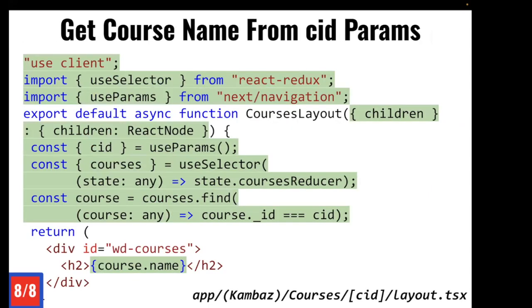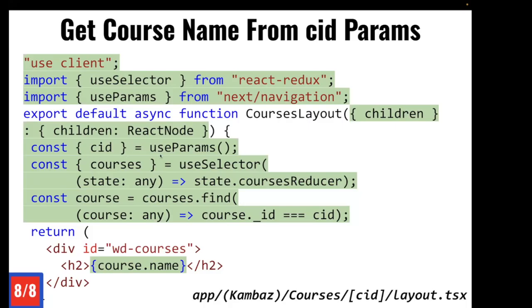So now that the courses are available in a single place, the reducer, they're available everywhere, anywhere under the Kambaz directory, or the Kambaz root component. And so now the courses layout can retrieve the courses from the reducer, and then based on the course ID, as you navigate to that particular page, the ID is encoded in the URL.